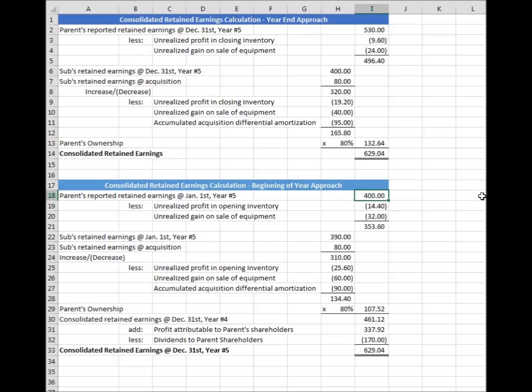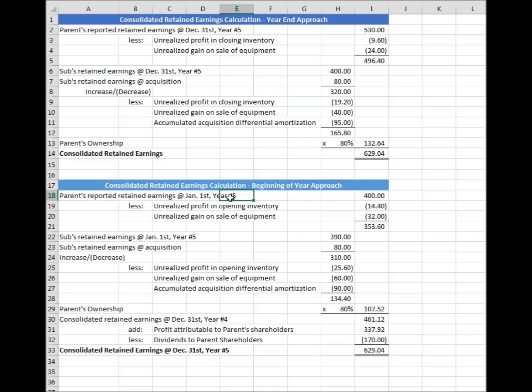It's whether it's provided to you that determines whether you'll be able to use this method or not. So if it's provided to you, the retained earnings at the beginning of the year, then we start off with the parent's reported. And then we want to take out unrealized profits, but recognizing that opening inventory is now the closing inventory for this year.